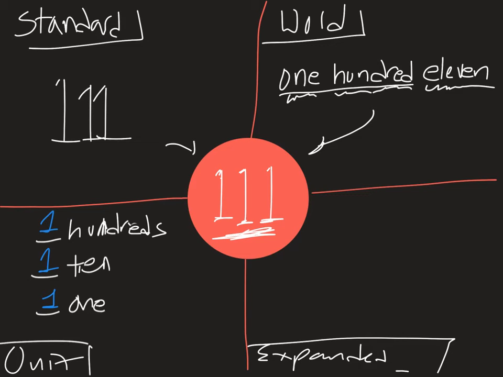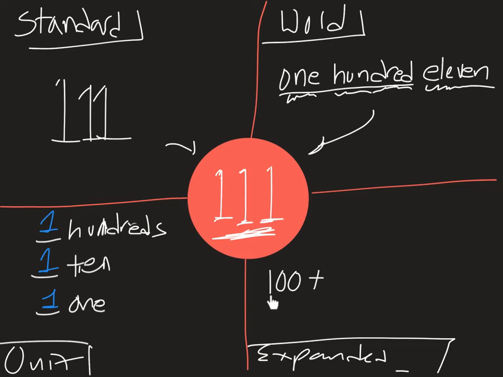So let's look at what we did for unit form over here. In unit form, we said there's 100, so we write down 100. And now when we're doing expanded form, we're trying to write the components that make something up. So it's not just 100 by itself. 111 has more than just 100. So we need to make sure that we add the rest of the stuff in.